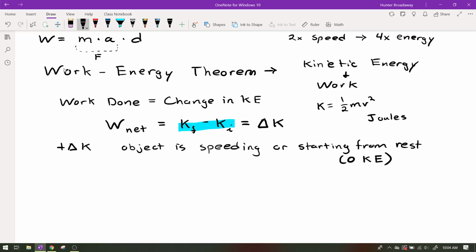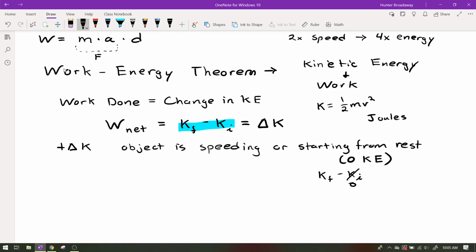That's one way to think about it. If you were writing this out as an equation, if the object is starting from rest, in Kf minus Ki, the Ki would just end up being 0. So your final kinetic energy would be the work that is done. Whatever the speed of the object is after it began from rest would be the work that was done on the object itself.